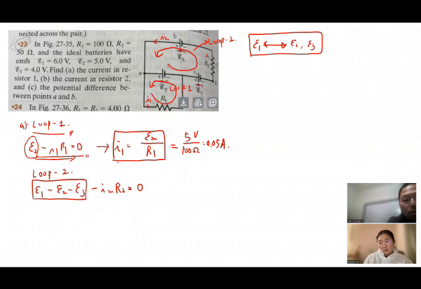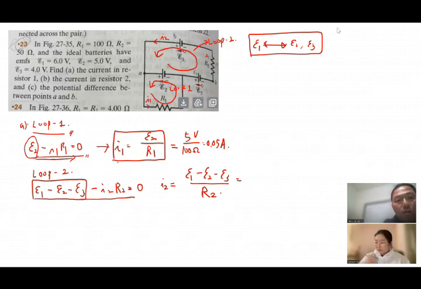So now from this one, I2 is E1 minus E2 minus E3 over R2. So here E1 is 6 volt, E2 is 5 volt, and E3 is 4 volt, divided by R2 is 50 ohm.